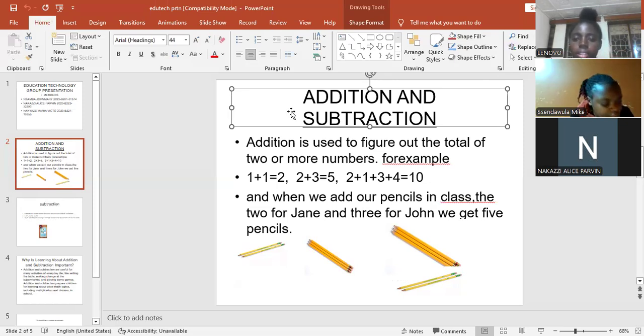Yeah. So the key point in that definition of yours is calculating. Another key point is 2 or more numbers, which means that addition takes place when there are 2 items.